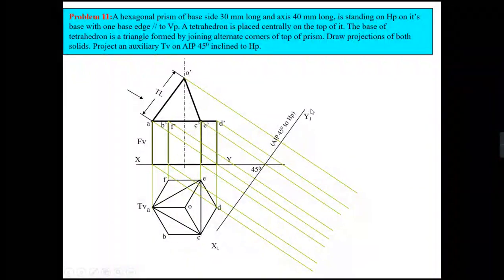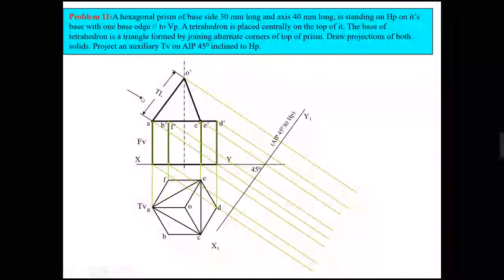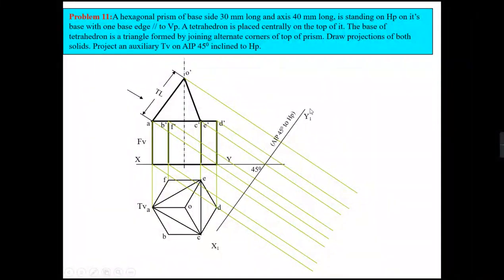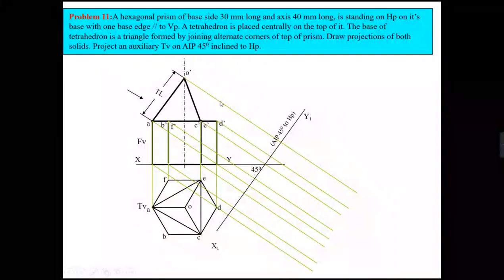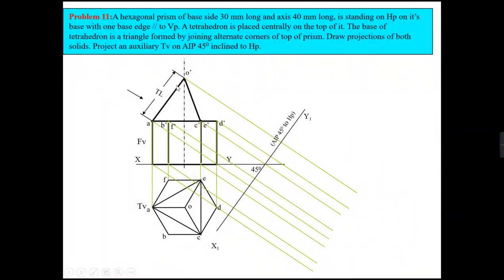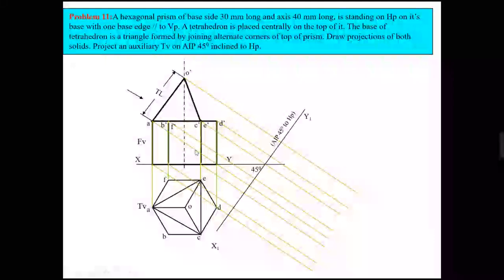In this case, we are looking at the solid from this side, right? So I am drawing a line at 45 degrees, and I am marking the vertical lines from these points.